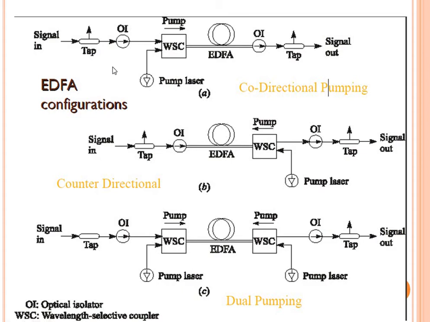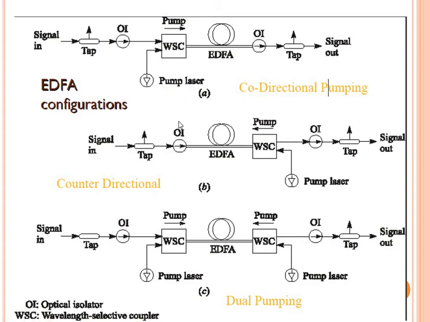What is meant by co-directional pumping? Here the pump light is usually injected from the same direction as the signal flow. The direction of the pump light and the direction of the signal flow are the same. This is known as co-directional pumping.